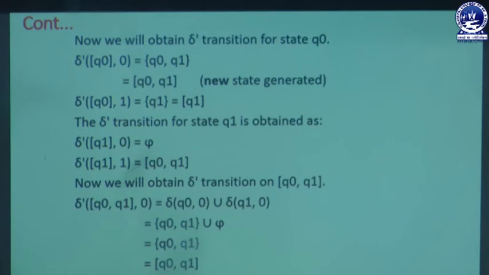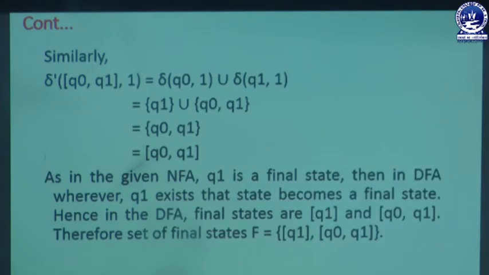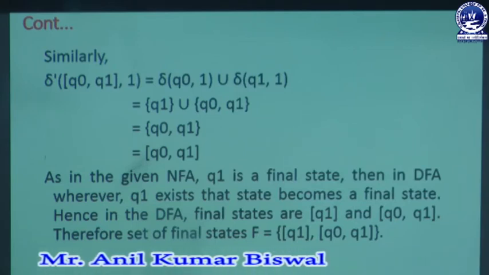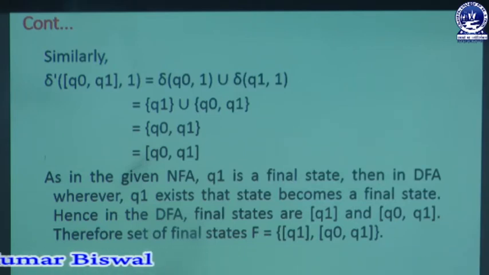Next we are going to discuss the other part, which is related to taking 1 as an input symbol. It is similar to the previous section. Here the same transition dash of Q0 Q1 takes the input symbol 1. In that moment it is also broken into two parts, transition Q0 comma 1, and the union of transition of Q1 and 1.